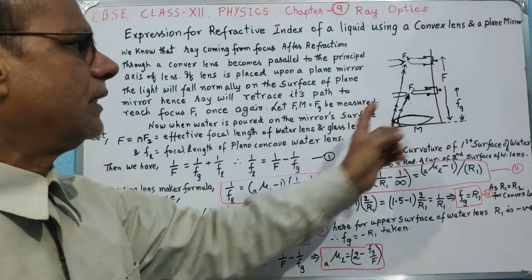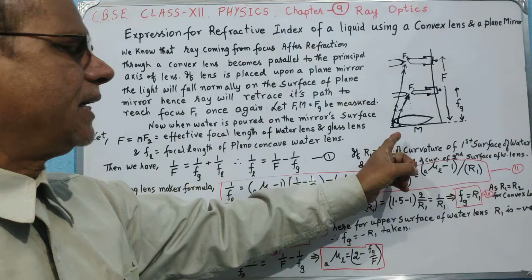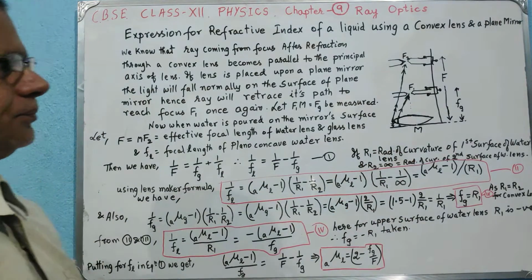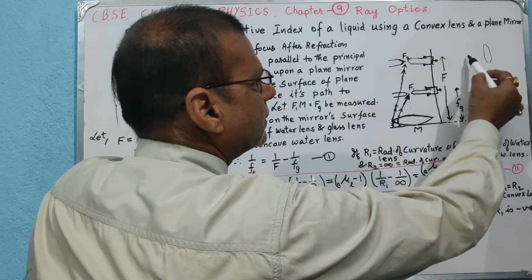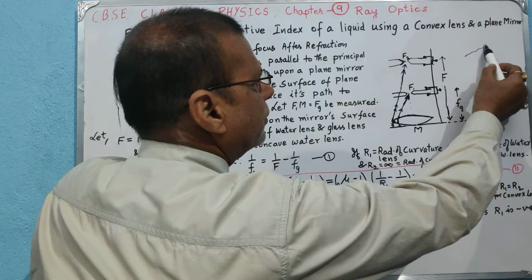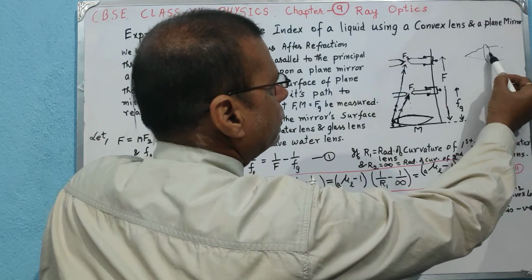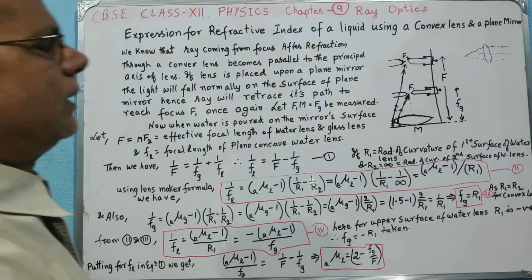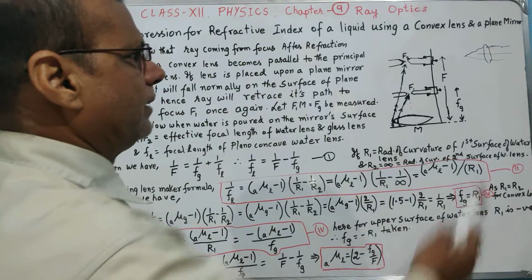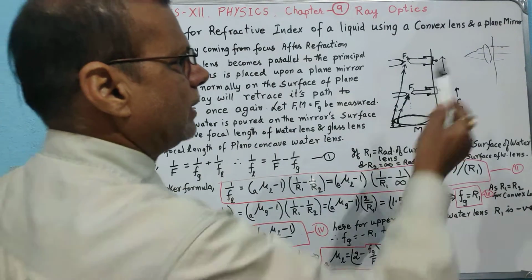Now a ray coming from focus will become parallel after refraction. Say we have a convex lens and a ray is coming from focus. After refraction it will become parallel to the principal axis. And if we place a mirror over here, what will happen?